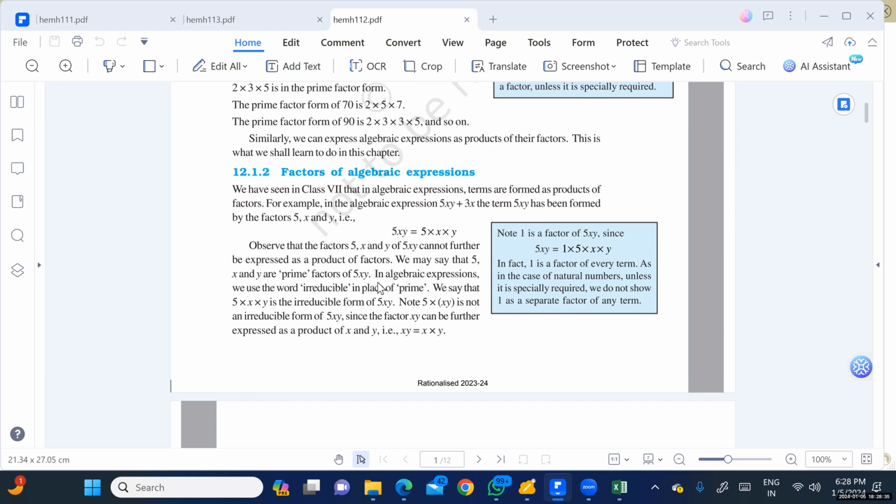In algebraic expressions, we use the word irreducible in place of prime. In natural numbers, we were saying prime numbers. Here we are saying irreducible, because we cannot further reduce it. So in algebraic expressions, we call it irreducible.